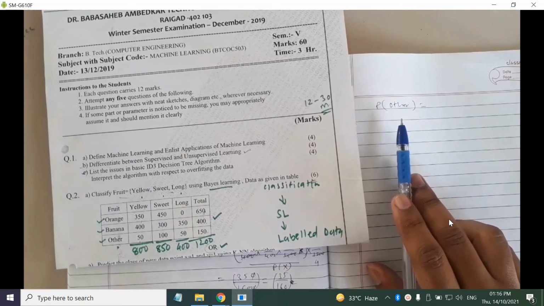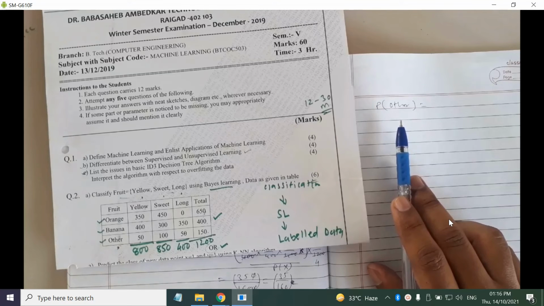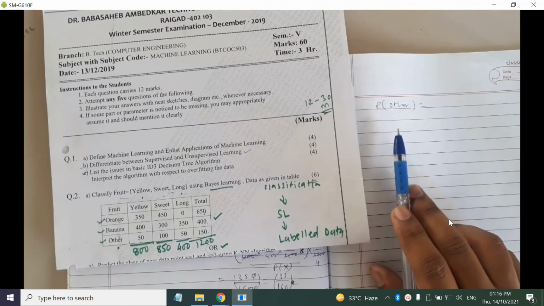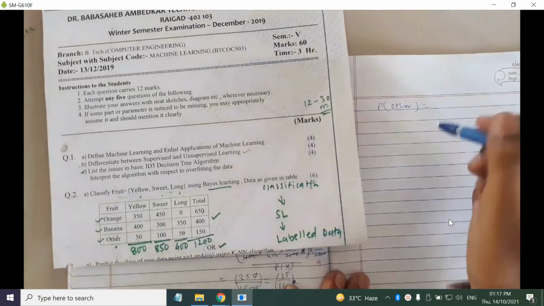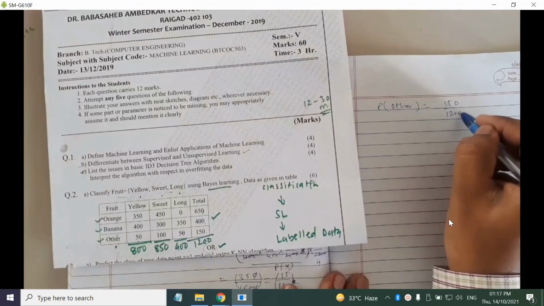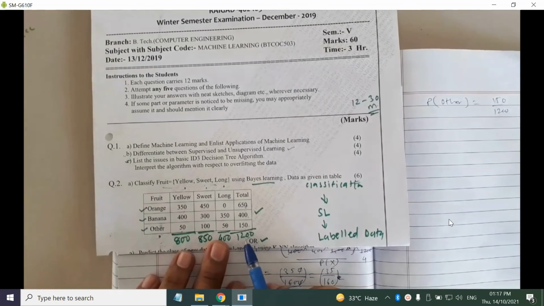What is the probability of other fruit? Just now we found the probability of banana. 1 by 20. How did you reach this without any cross out? Just tell me the raw value. So 150 by 1200. Yes, exactly. Okay, thank you. So 150 divided by 1200. 1200 is the total fruits.